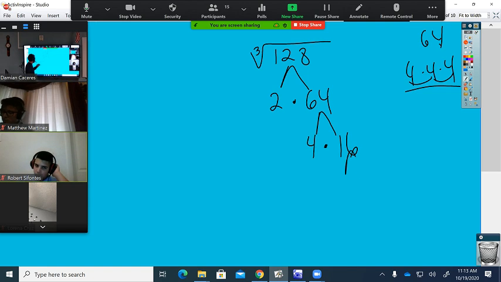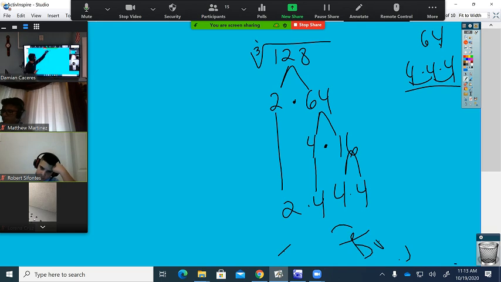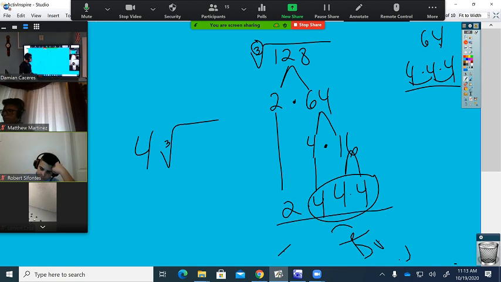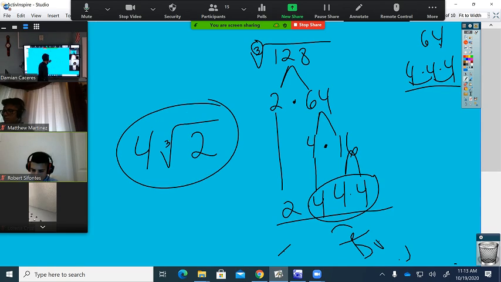And 16 is 4 times 4. Bring down this 4, bring down this 2. Now, does anything repeat 3 times? Because the root is 3, it's got to repeat 3 times. Since it repeats 3 times, it comes out once. Now, what's still in there? What do we not pull out? The 2. So that would be 4 cubic root of 2.